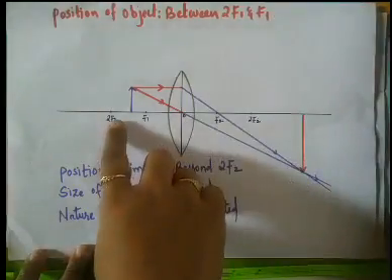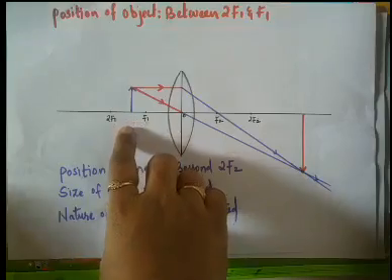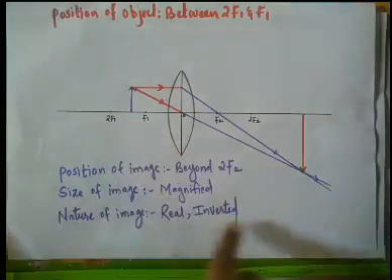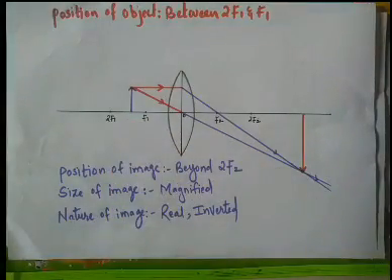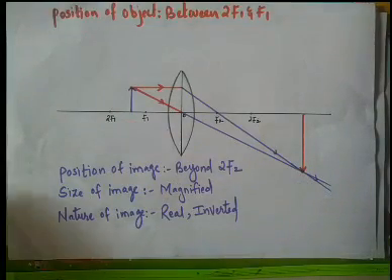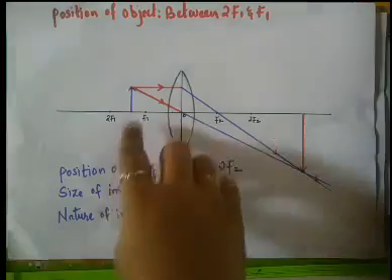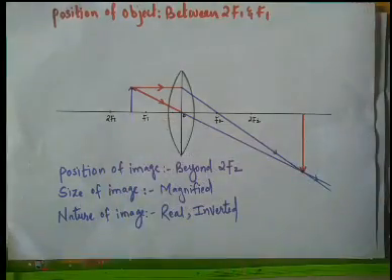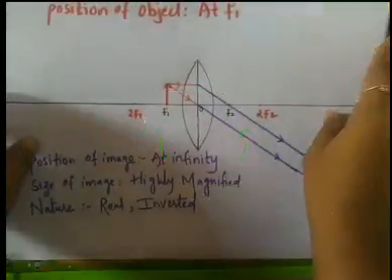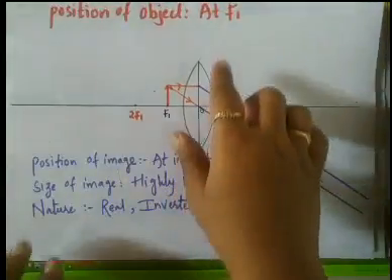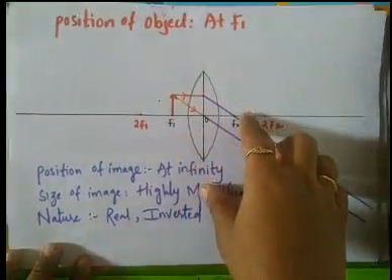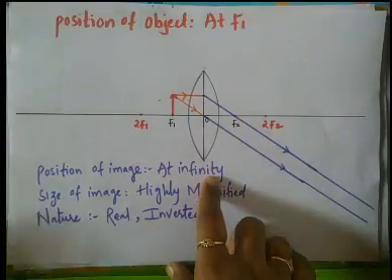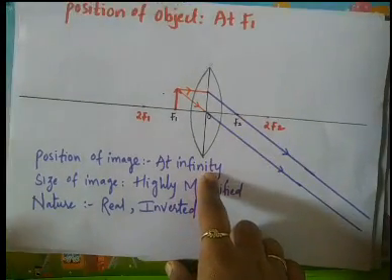Now I will take the object more closer to the lens. Now I am keeping the object at f1. So when I kept the object at f1, the image is forming at infinity.